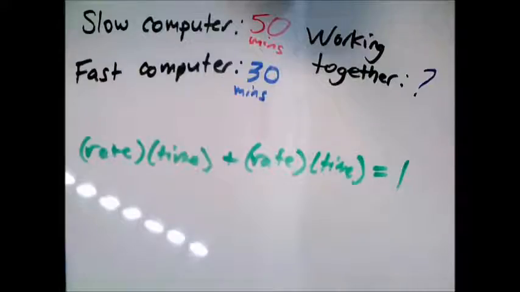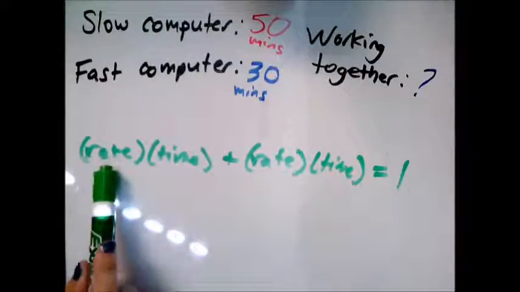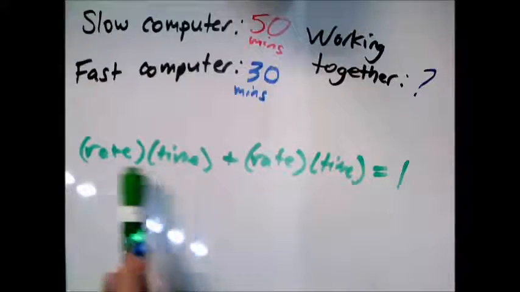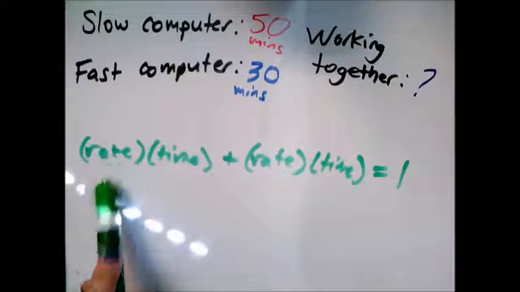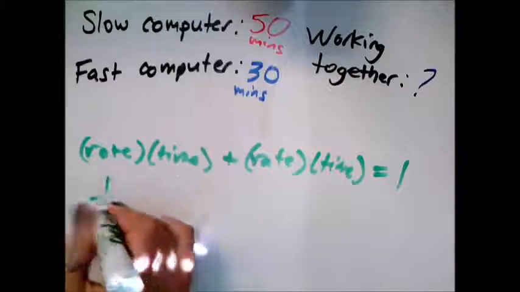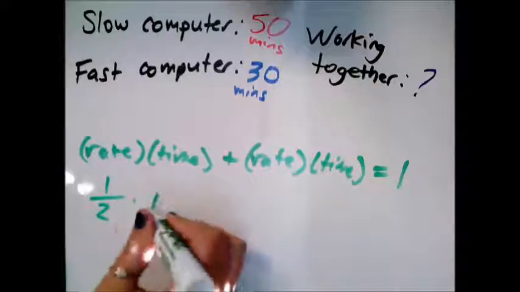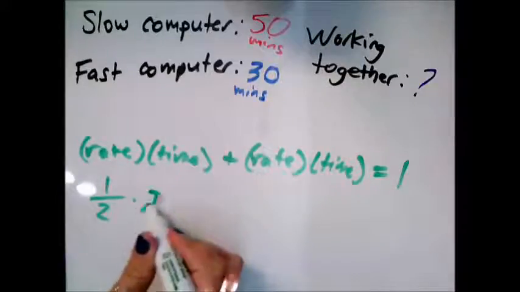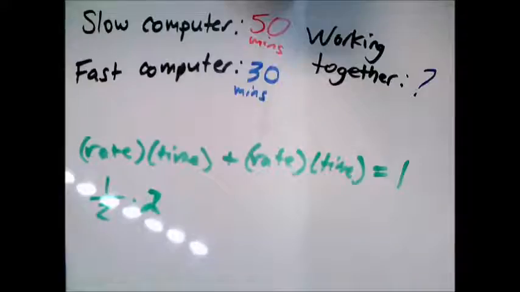Think, if I tell you, hey, I can paint one room in 2 hours, and it's been 1 hour, I'm halfway done with the room. My rate is 1 room per 2 hours, I've been working for 1 hour, so I should only have half the room done. In 2 hours, half times 2 is 1, I'd have the whole room done.